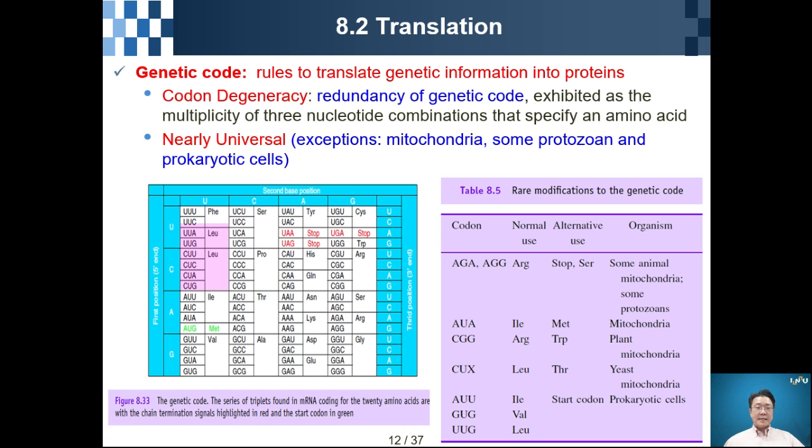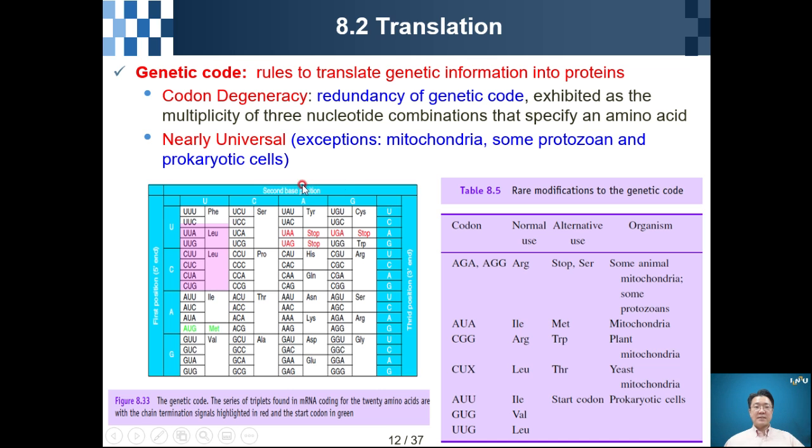For example, UUA, UUG, CUU, CUC, CUA, and CUG, these six different three-nucleotide combinations specify leucine.